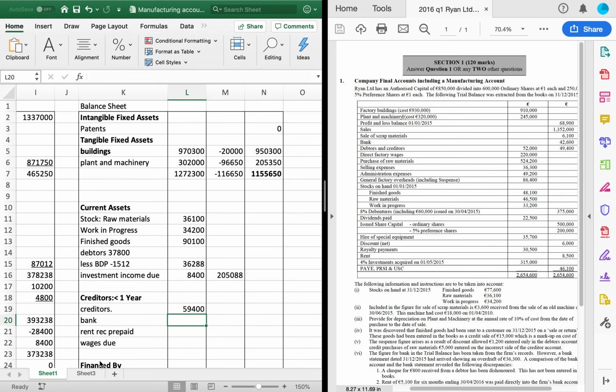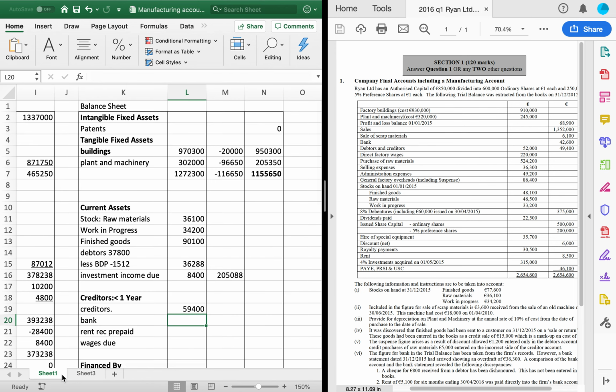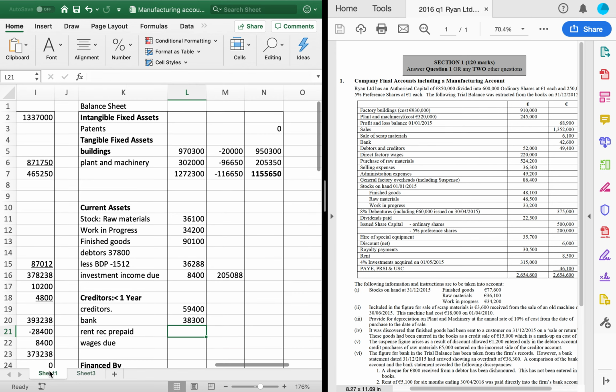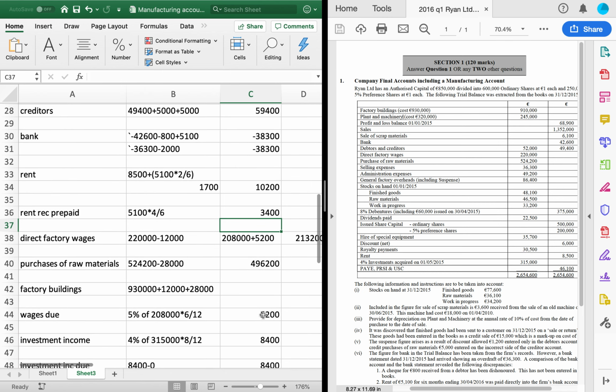We had our bank working, which is 38.3. Rent received prepaid was 3,400, not 3,700. My God, my sums are brutal. 3,400. And wages due, again that's from our workings, was 5,200.